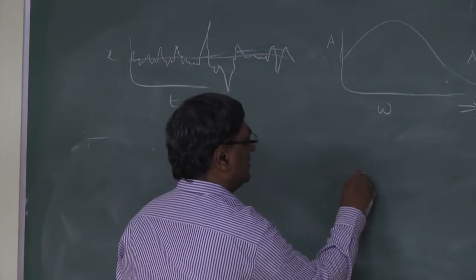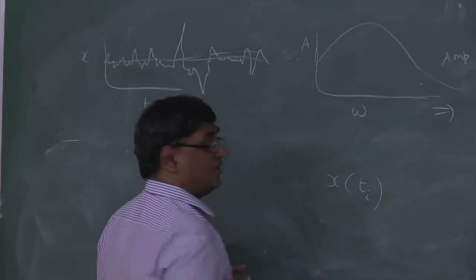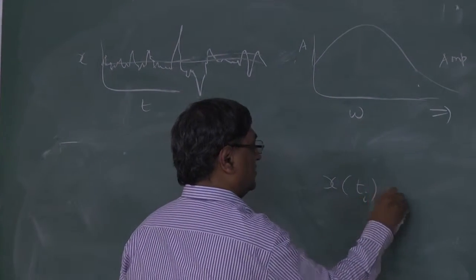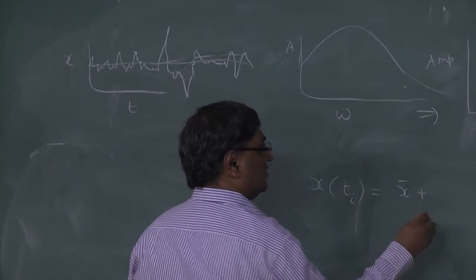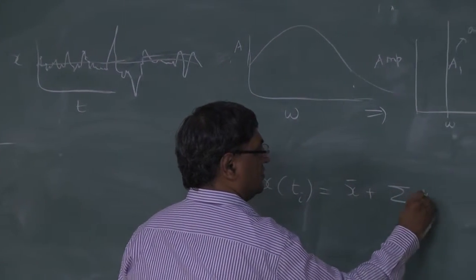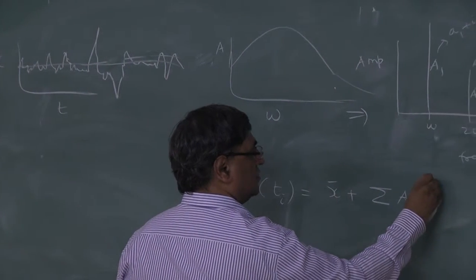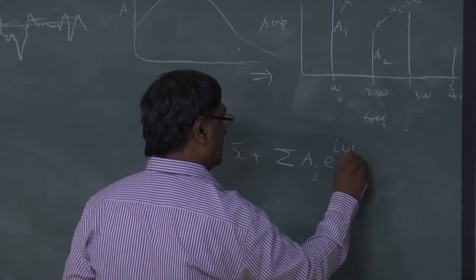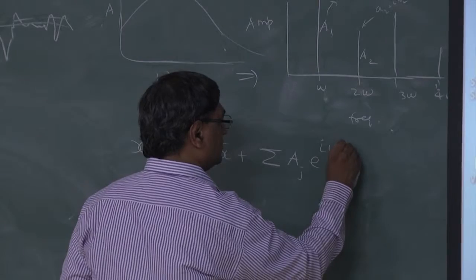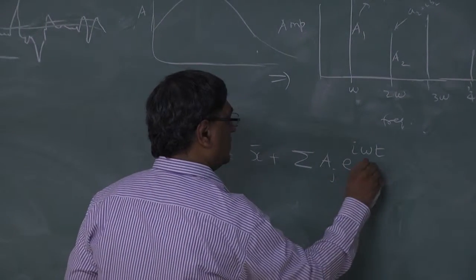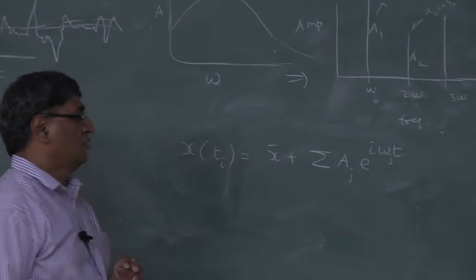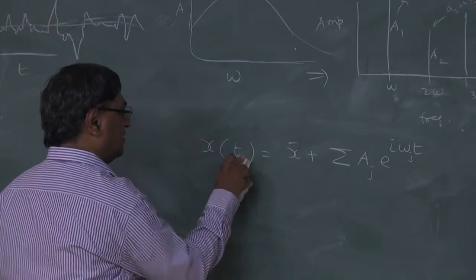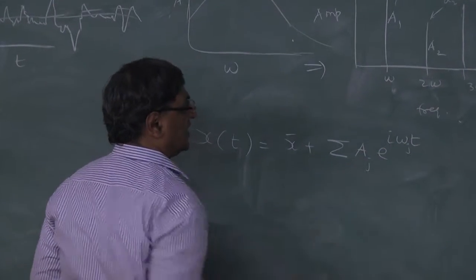So here x of ti can be represented as a summation, and of course, it will be for every particular time. You understand that time is only at discrete values. So the corresponding discrete time will come here.